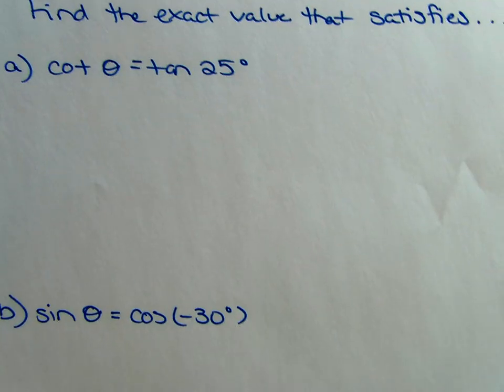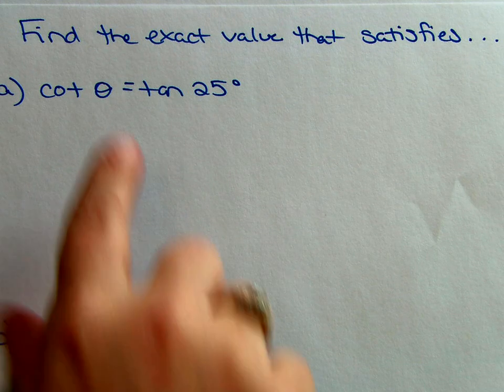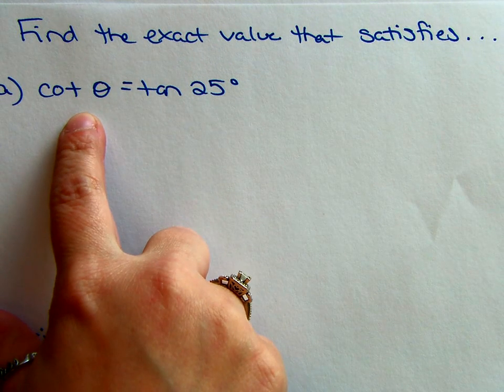We're going to find the exact value. Again, there's that terminology: exact value of our theta or our x that satisfies this given information. We have cotangent of theta equals tangent of 25 degrees. So we just saw that cotangent theta equals what in terms of our cofunction?